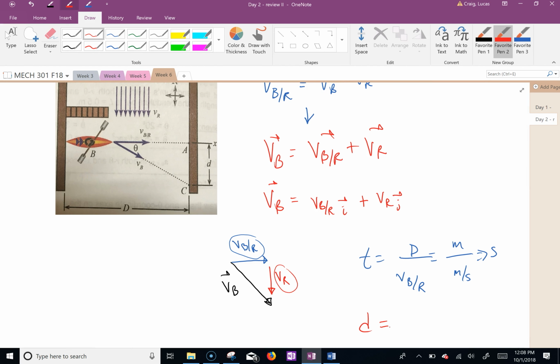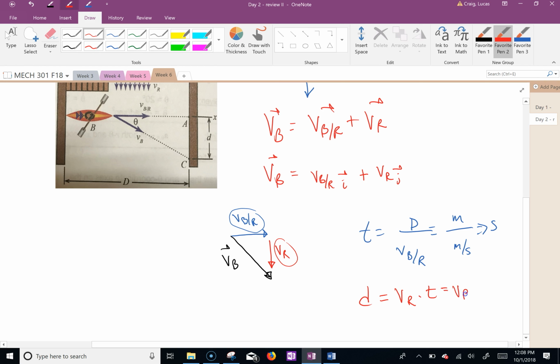And how do we find distance if we have velocity and time? We just multiply them. Then I substituted what my time is.